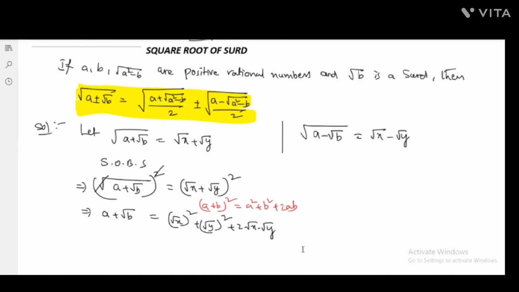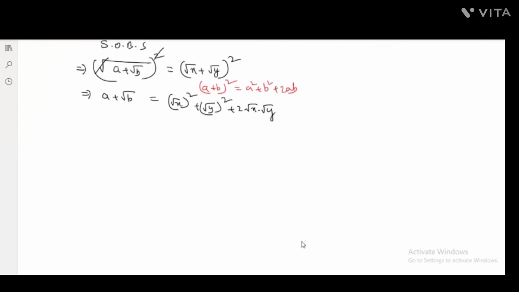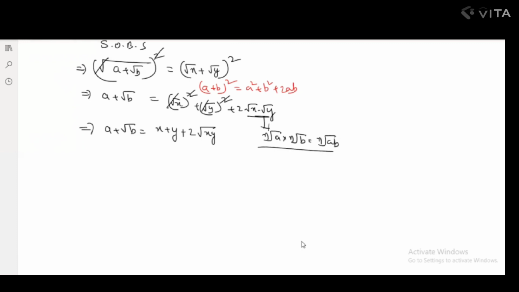So next, a plus root b is equal to x plus y plus 2 root xy, since square and square root cancel. Here we can apply nth root of a into nth root of b is equal to nth root of ab. This we saw in the first part of the thirds.